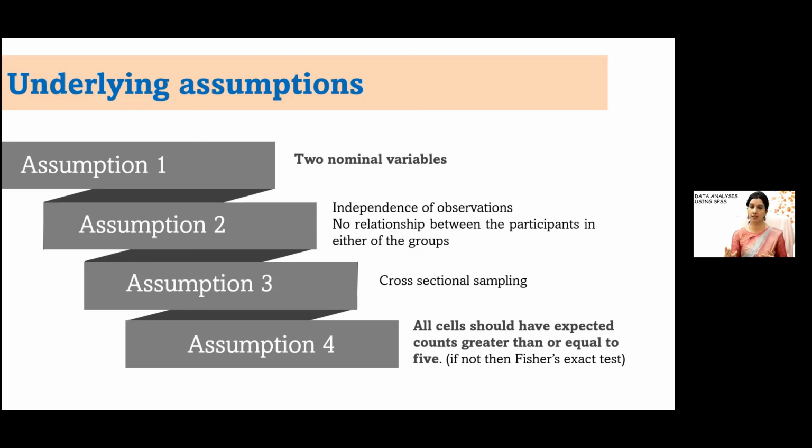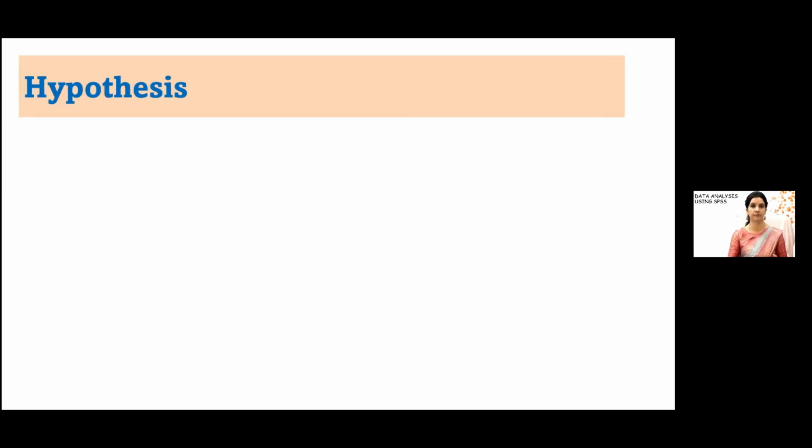And the fourth is the minimum cell count in each cell should be at least 5, or if not, then at least 80% of the cells should have a minimum cell count of more than 5. If it is not the case, then you should take the value of the Fisher exact test from the output table.